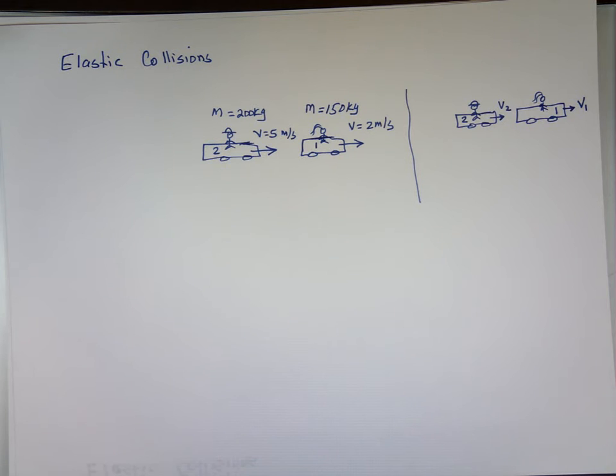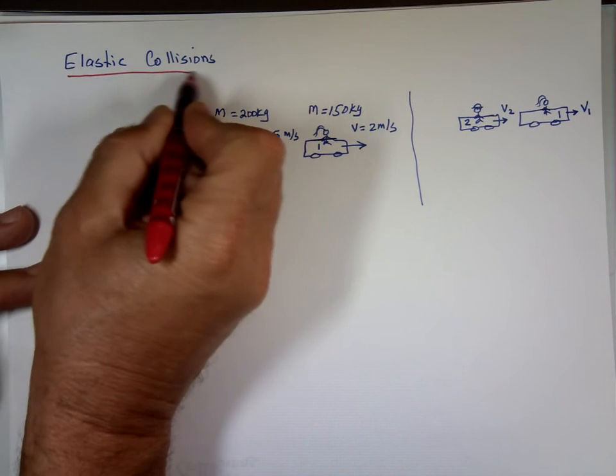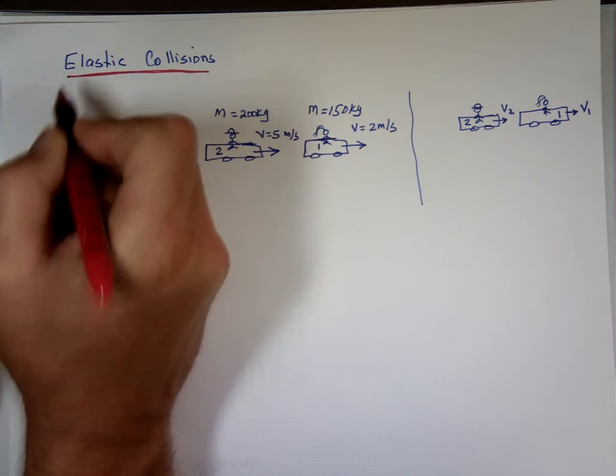When you have elastic collision, there's two things actually. In elastic, we have conservation of linear momentum. Elastic means they don't stick together, they bounce off each other.